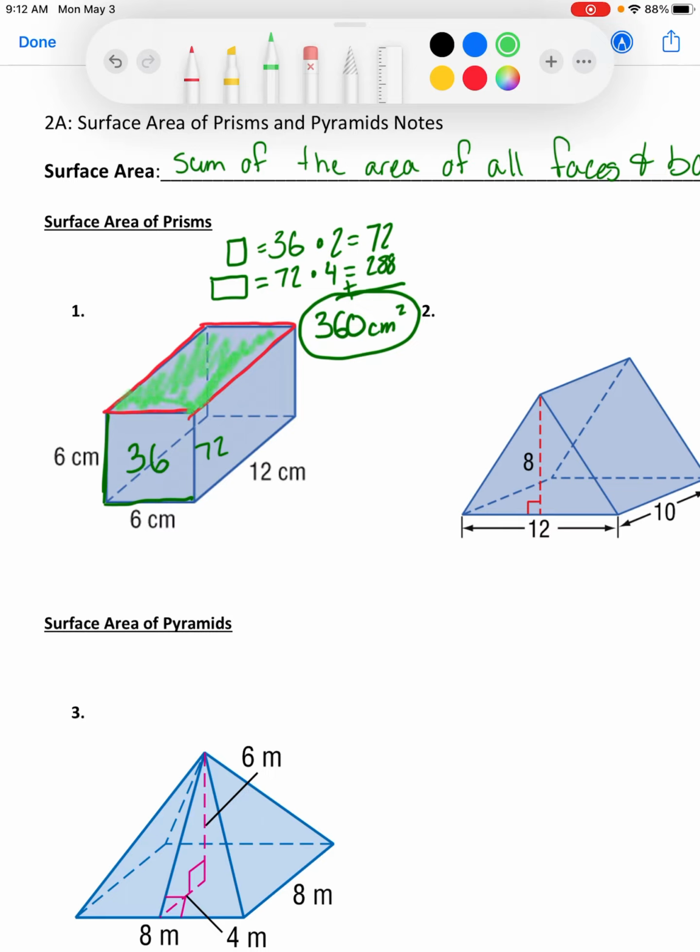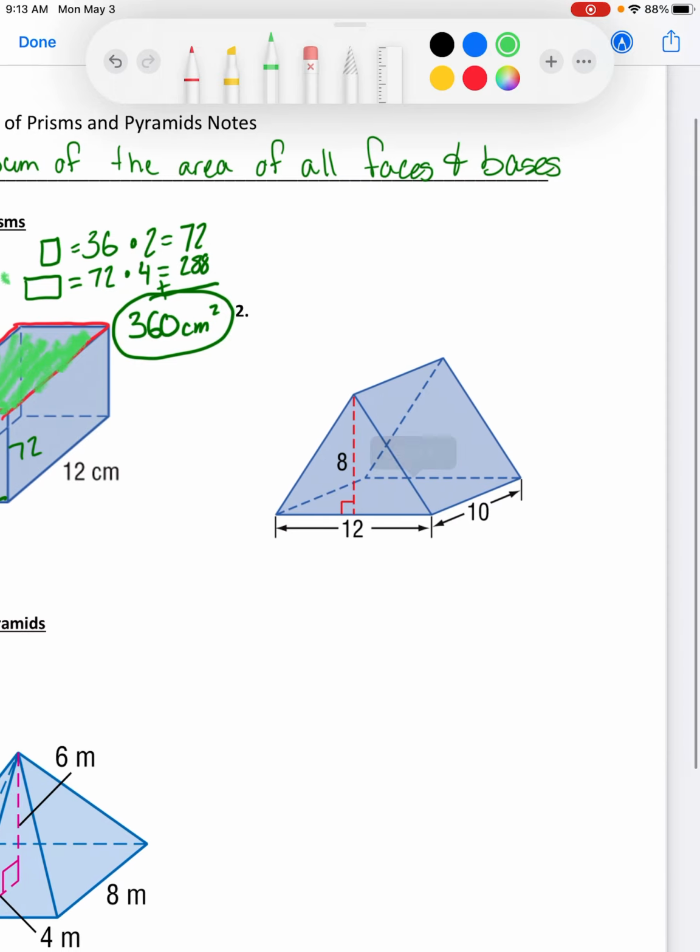Each square foot is actually a 1 by 1 square. So 1 foot would be like that, a straight line, and then a square foot would be a 1 by 1 square. Okay? So that's our answer to number 1.